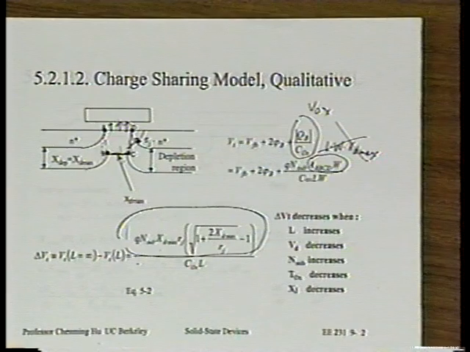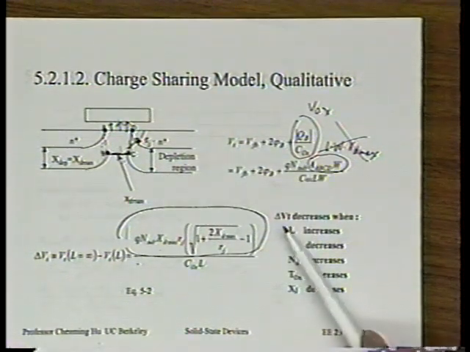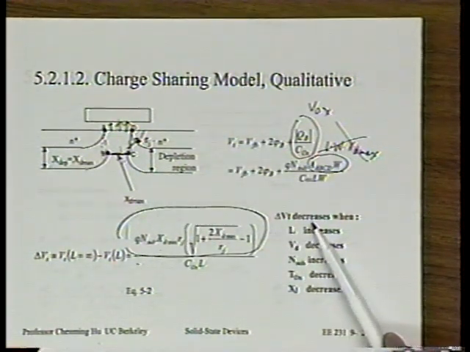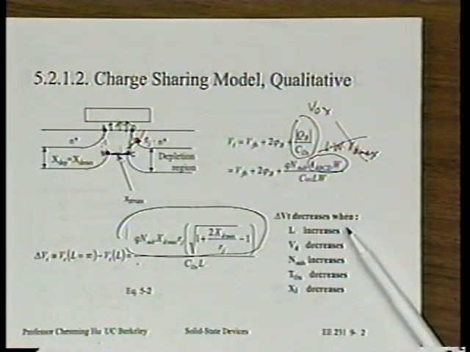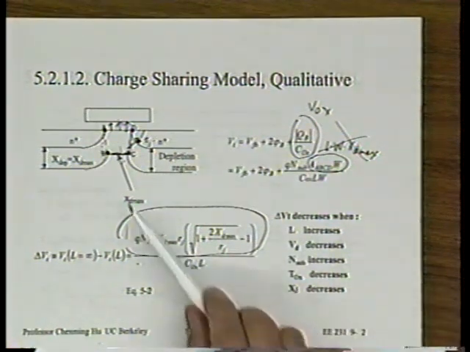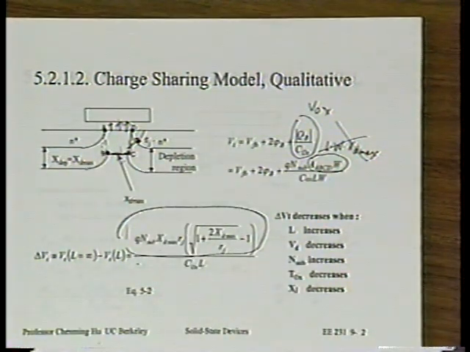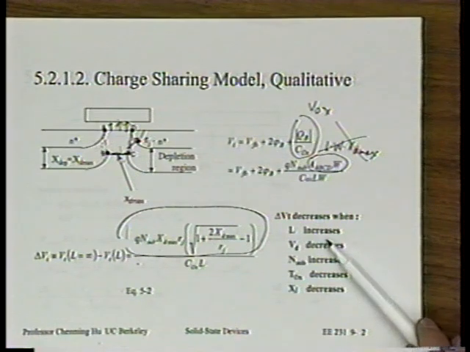Now I'm going to ask you, this delta VT will decrease when each of these quantities does what? What I'm really asking is, the difference between trapezoid and rectangle is going to disappear when what? It's going to become smaller when L is large.